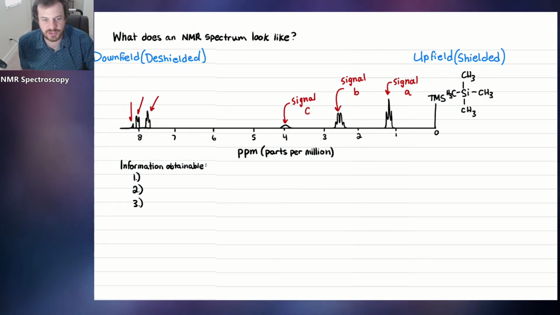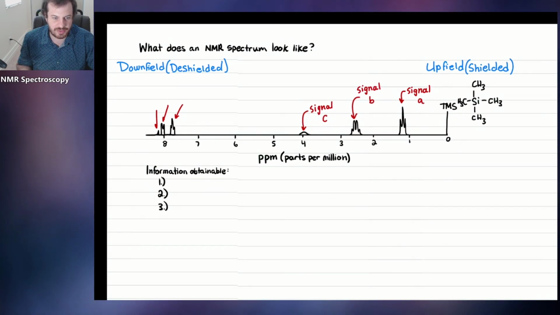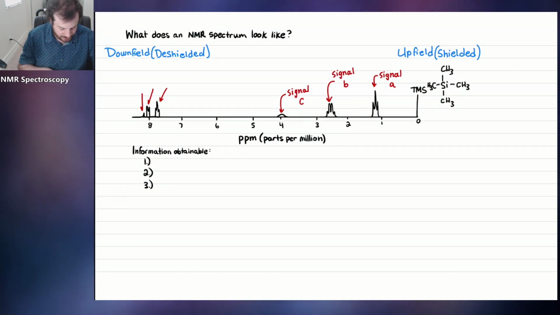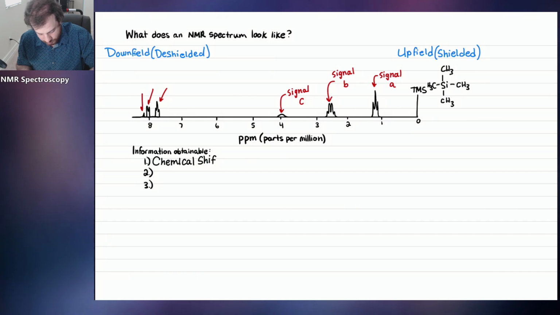Okay, now even if you've understood nothing so far, this next part is very important. What information can we actually get from the NMR spectrum? Number 1, we can get something called the chemical shift. The chemical shift is the position along the x-axis in ppm.